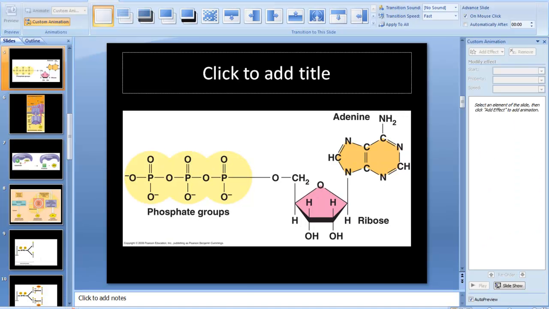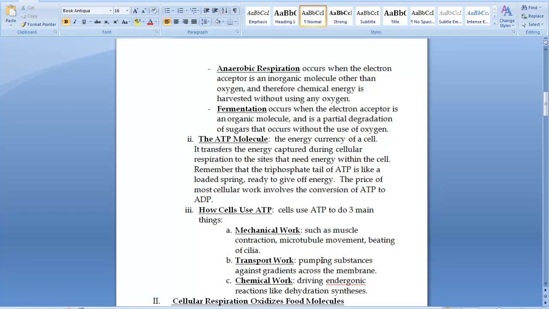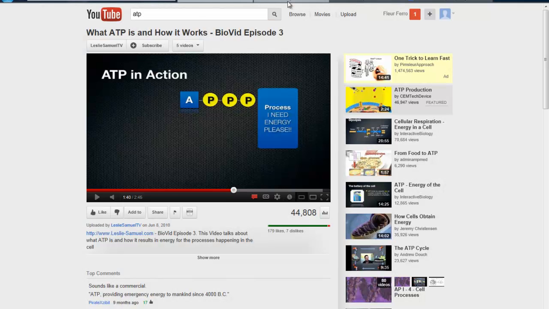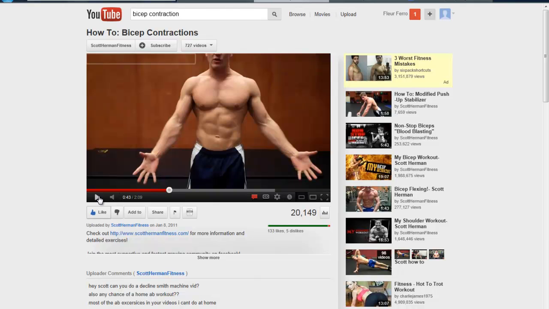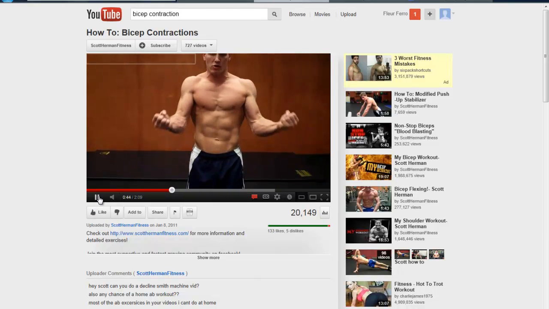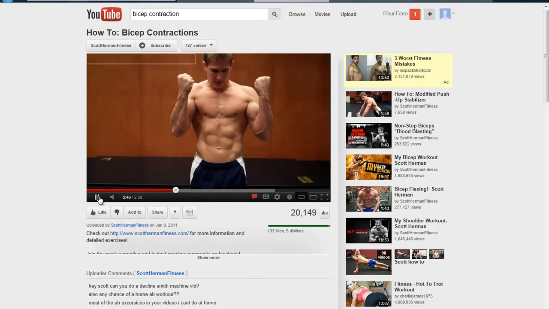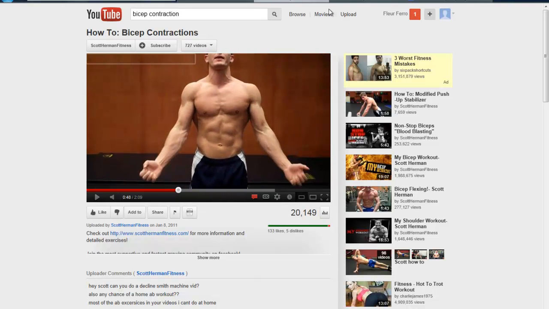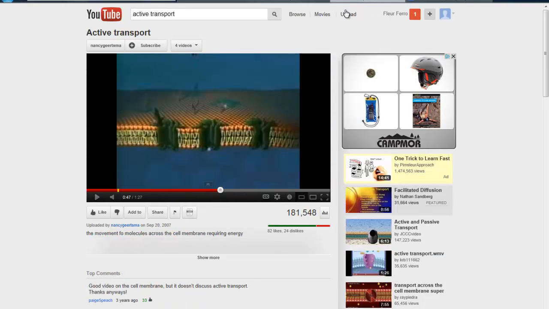So there's a couple of reasons why we would want to use ATP. One of them is going to be for muscle contractions. So real simple, you see this guy contracting his muscles, right? That's going to be using ATP to do that. Another example is going to be active transport. So in a cell, when we want to move something against the concentration gradient, you're going to see that bright thing coming up right there.